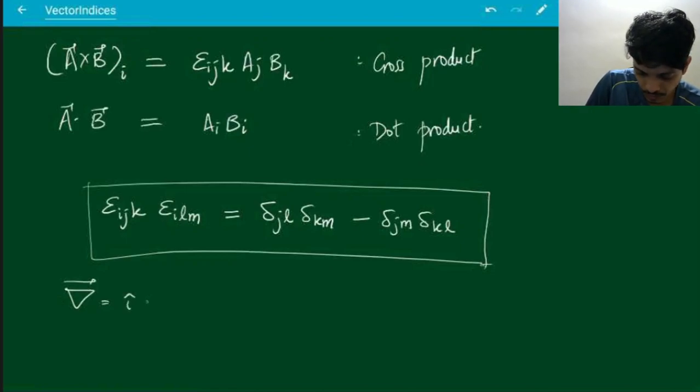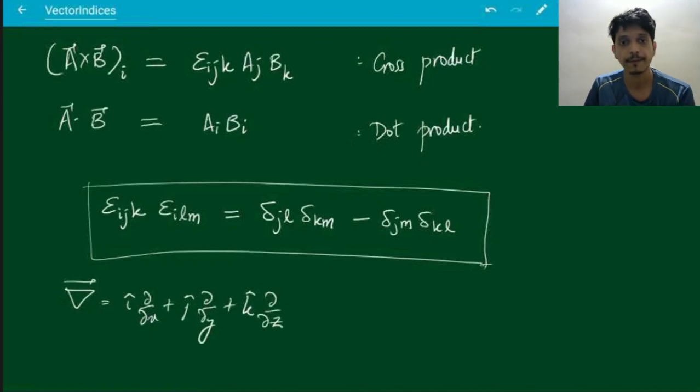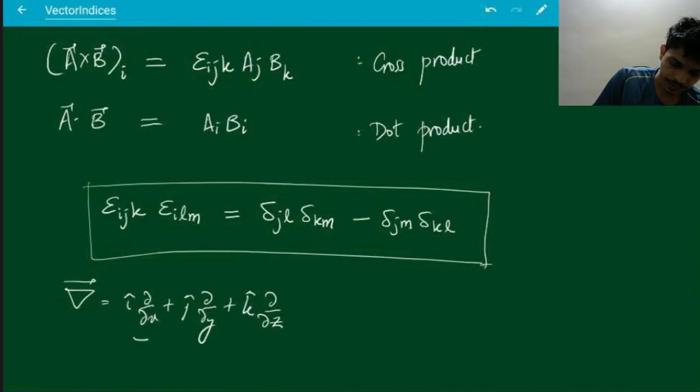So this we saw was i d by dx plus j d by dy plus k d by dz. So the components of this operator are d by dx, d by dy, d by dz. So this we refer to as del i. Again, i goes from 1 to 3.